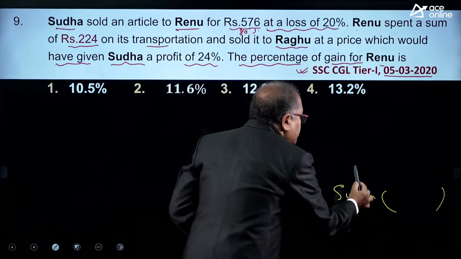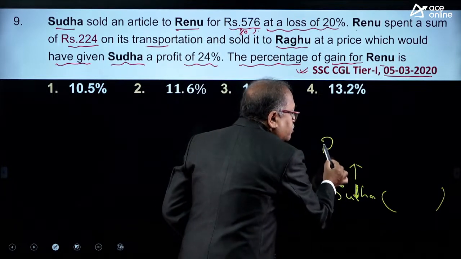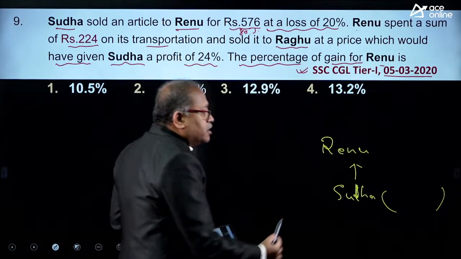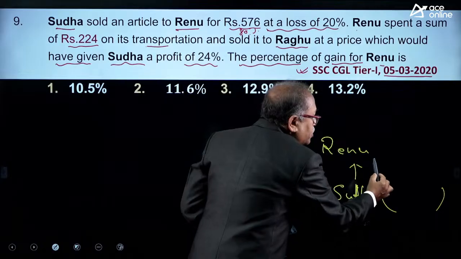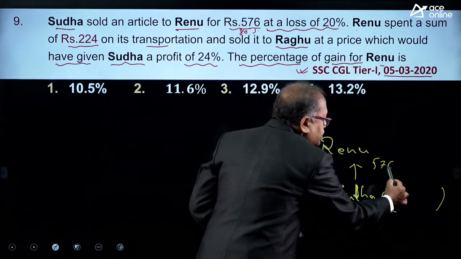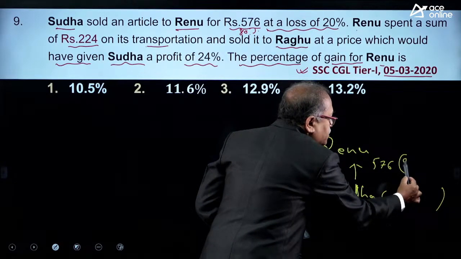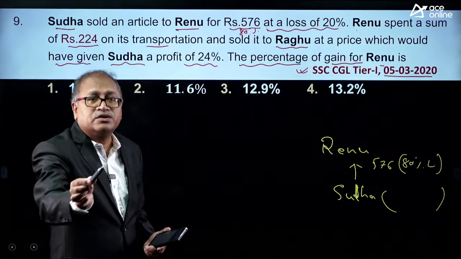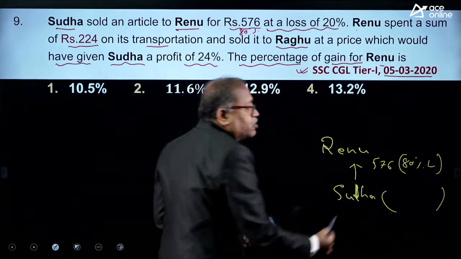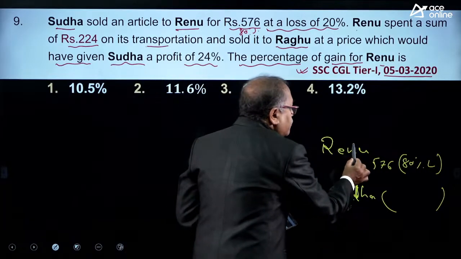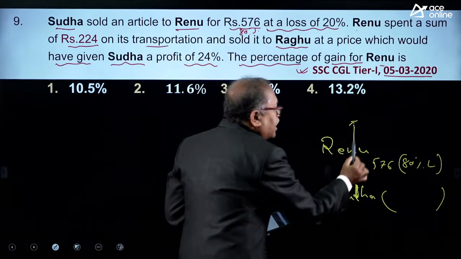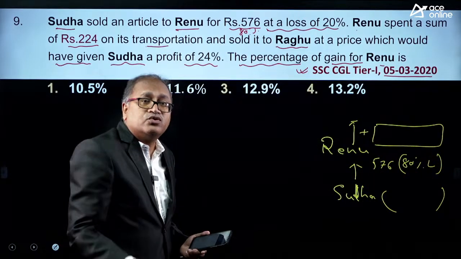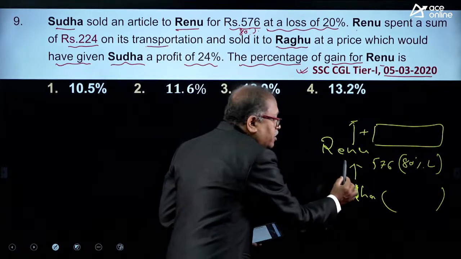But what Sudha did is, it sold it to Renu, as given in the question, for 576, which is a 20% loss. That means this is 80% of the cost price. And what Renu did, Renu has added some money in transportation, that is equivalent to 24% profit of Sudha.